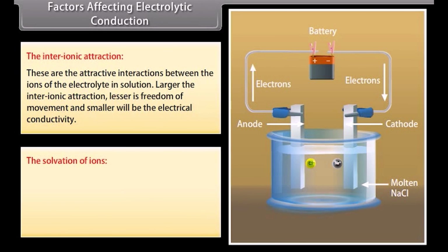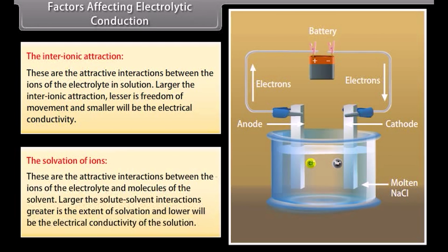The solvation of ions: these are the attractive interactions between the ions of the electrolyte and molecules of the solvent. Larger the solute-solvent interactions, greater is the extent of solvation and lower will be the electrical conductivity of the solution.